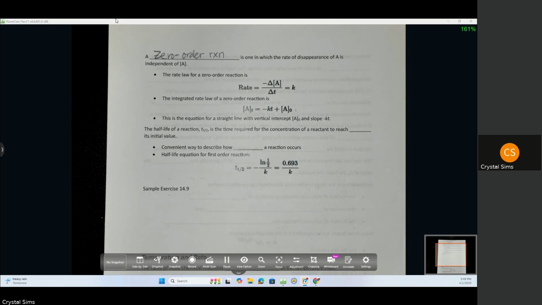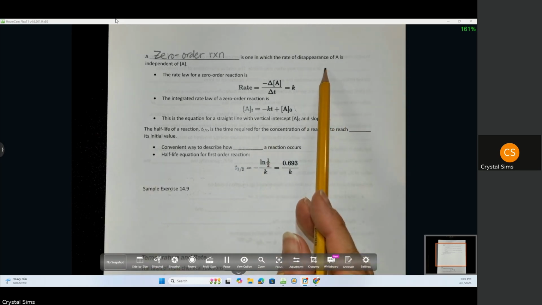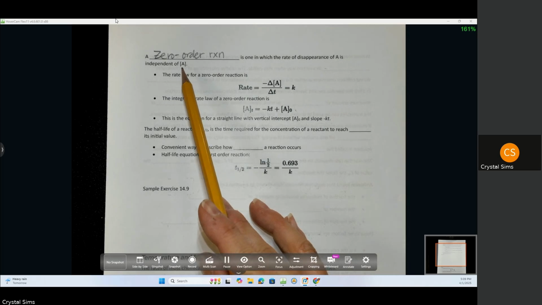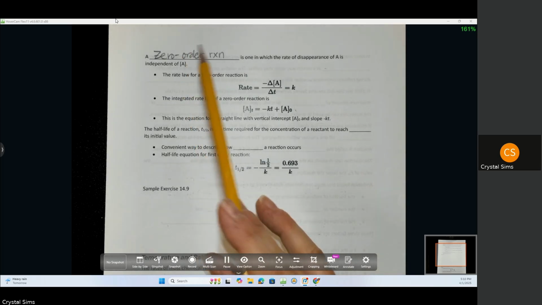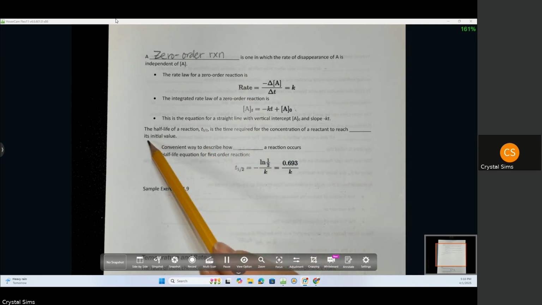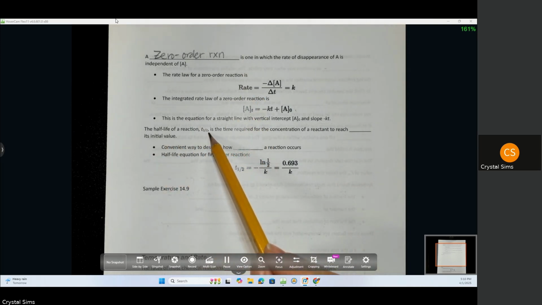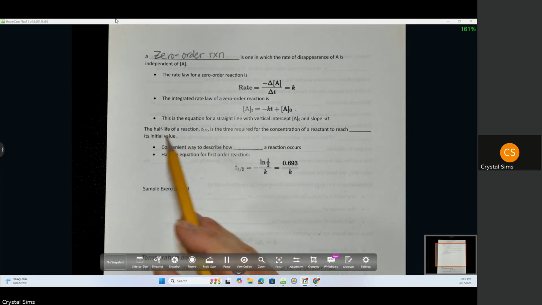So zero order reaction is one in which the rate of disappearance of A is independent of the concentration of A.